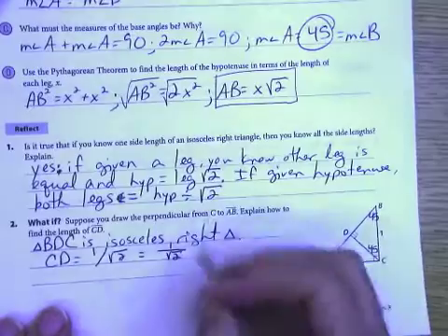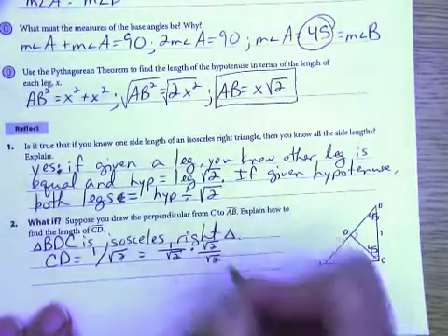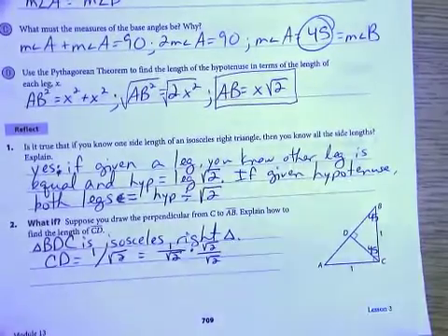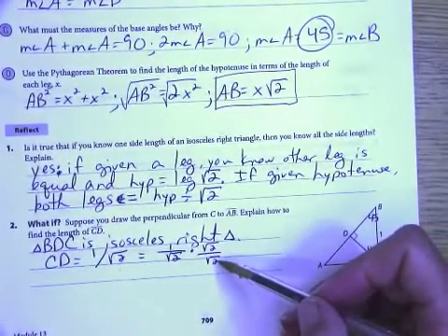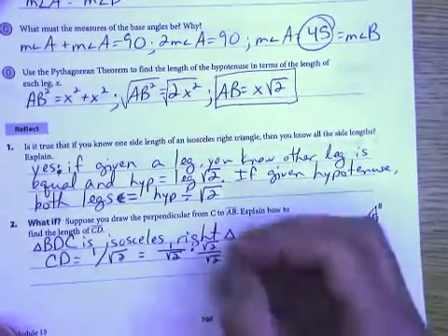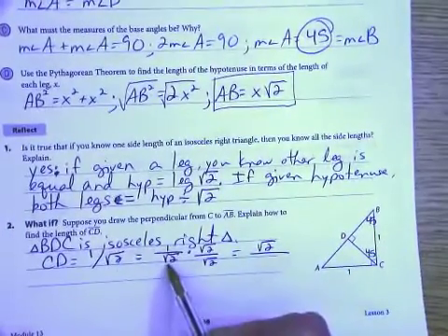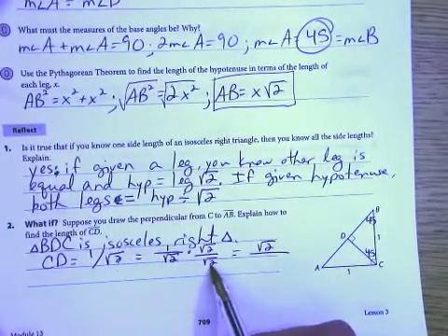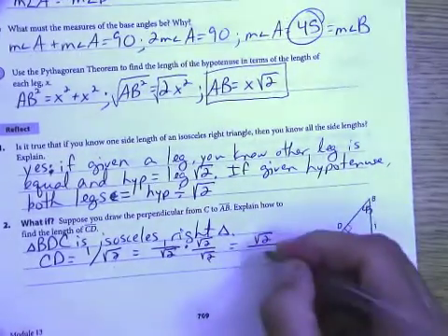What you have to do is multiply top and bottom in this instance by radical 2. And we're allowed to do that because radical 2 over radical 2 is just 1. I can multiply by 1 forever. Now, straight across the top, 1 times radical 2 is just radical 2. On the bottom, I have radical 2 times radical 2. That's the square root of 4. You should know that the square root of 4 is 2.